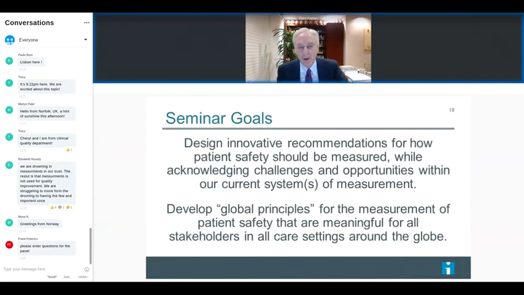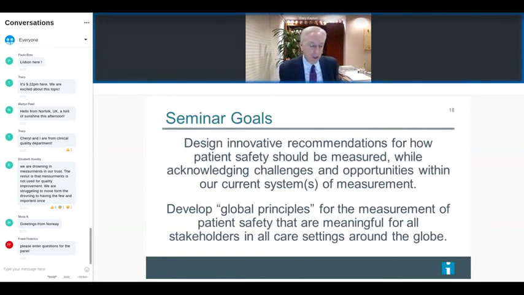We set out for ourselves goals for the seminar. We wanted to leave the seminar knowing that we had achieved our goals, and our objectives were to design innovative recommendations for how patient safety should be measured, while better acknowledging and codifying the challenges and opportunities. We continue to believe that we won't be able to make the breakthroughs that are necessary unless we are also willing to understand where we're falling short today.